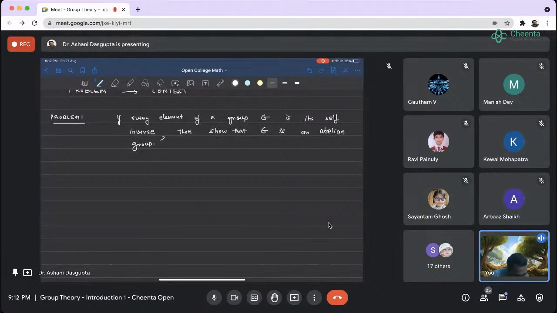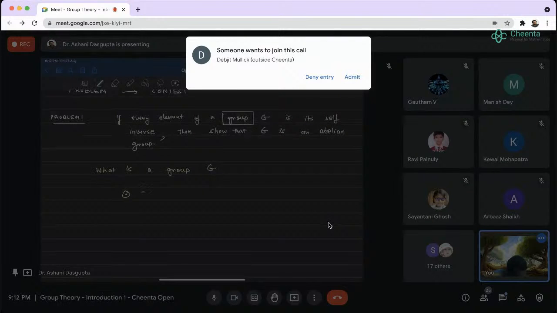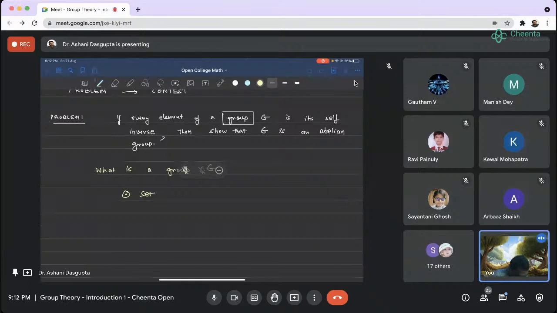Let's look at the word group first. There is a very standard definition of a group G. Firstly, it's a set with a binary operation star.